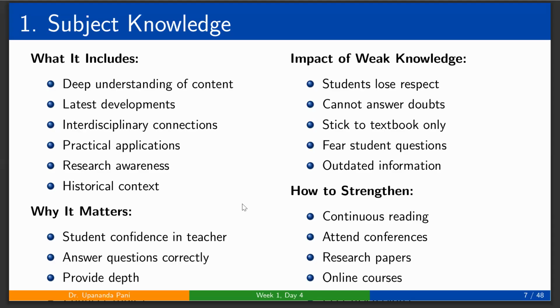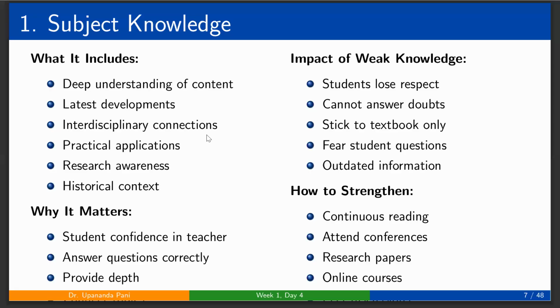The first one is subject knowledge. What does it include? One is deep understanding of the content, right? The teacher should have a thorough knowledge of the latest developments, then interdisciplinary connections. The teacher should be able to connect other disciplines also.